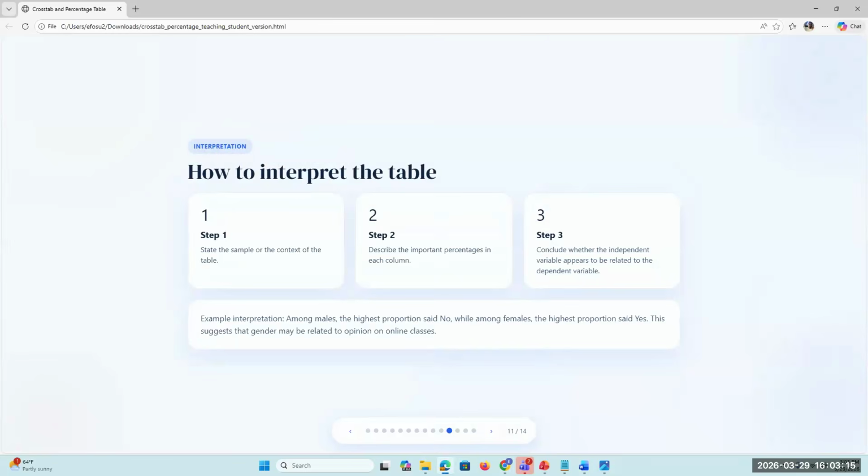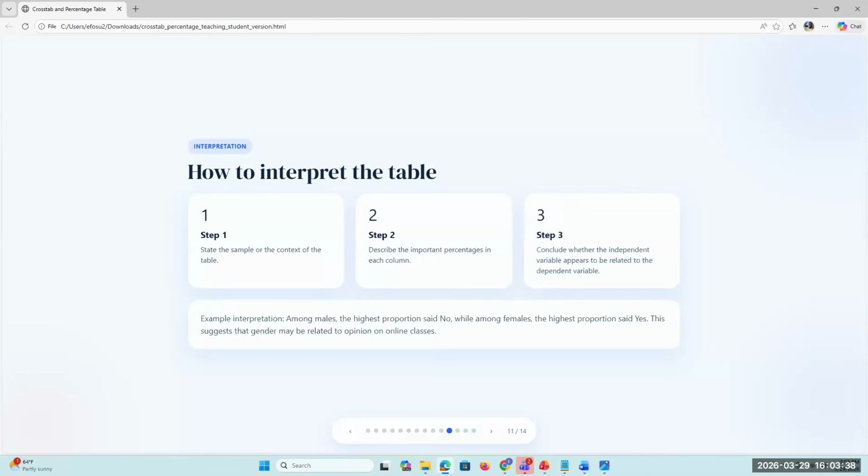So step 1, you state the sample or the context of the table. What was the sample size? This was research involving 200 students, or 500 students, and so on. State the sample or the context of the table. It's very important. It's the first thing you have to state.